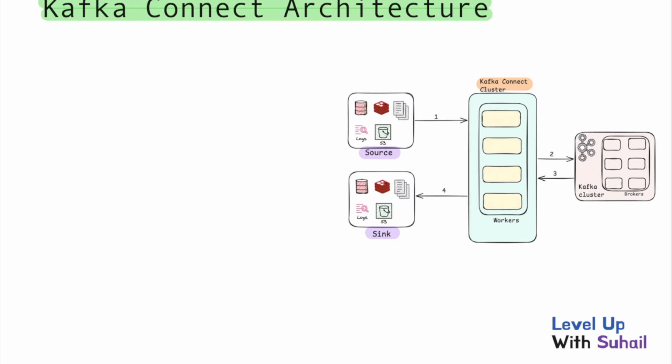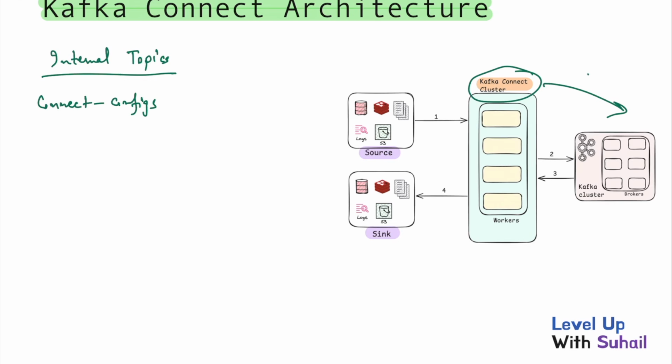Now let's discuss the most important layer, that is internal topics. In distributed mode, Kafka Connect uses Kafka itself for coordination. So it creates three internal topics. The first one is connect configs.